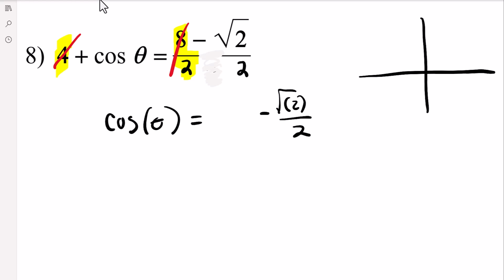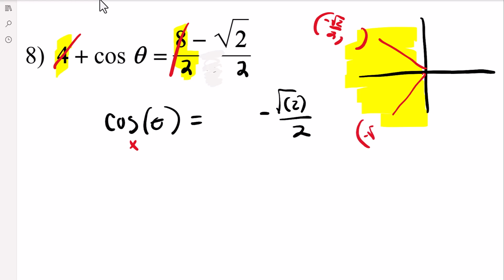Again, cosine is negative over here. You're looking at the unit circle. The x value, remember cosine is the x value, at 3 pi/4 and at 5 pi/4.